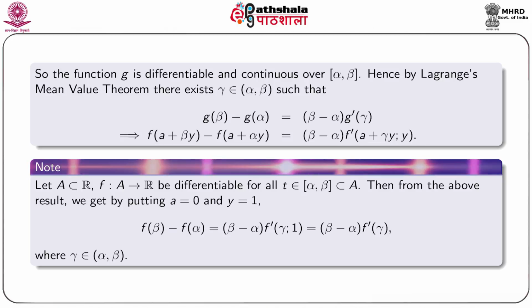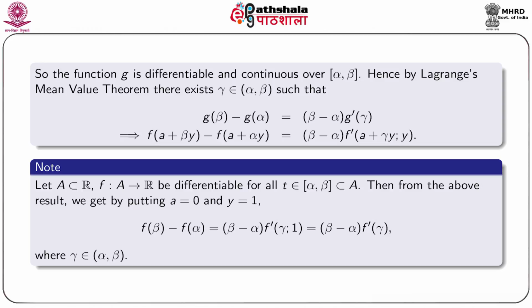Now, we consider a particular case of this result. Let A be a subset of R, f is a map from A to R. So, we are considering a real valued function of a single real variable. We assume that f is differentiable for each t in the bounded closed interval alpha beta which lies in the set A. Then from the above result we put in particular a equal to 0 and y equal to 1.